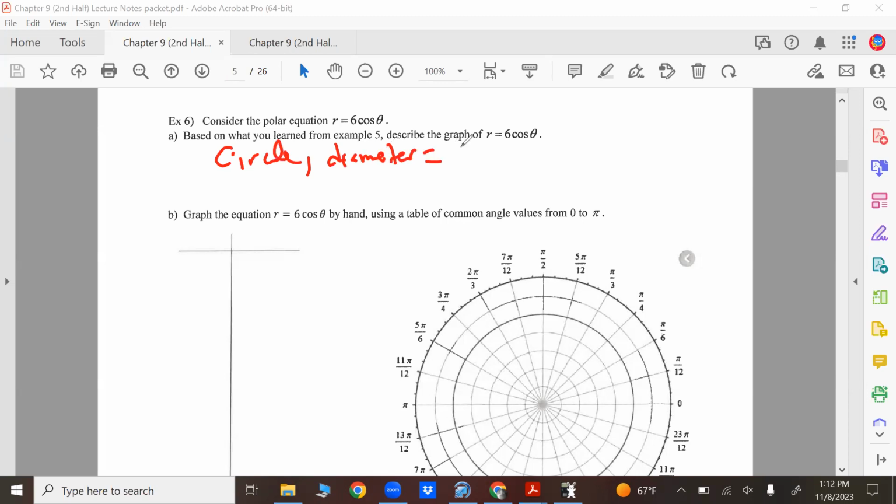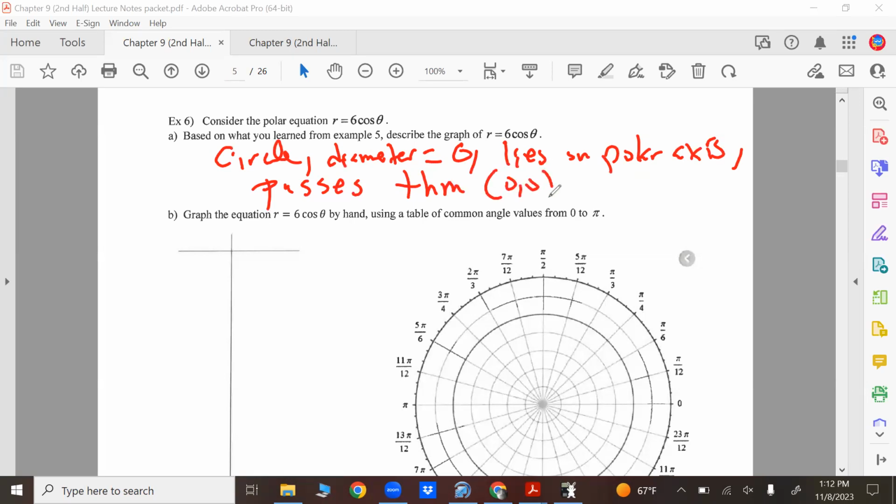Diameter will be 6, lies on the polar axis, and passes through the pole. So we know it's going to look kind of like this, right? We expect that to happen.